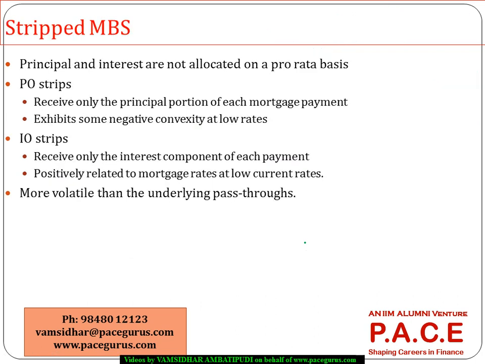Another interesting concept on the same lines is the concept of a stripped mortgage backed security. In a regular mortgage backed security or a mortgage pass through security, we have seen that whatever the cash flows of the underlying mortgage pool, both the interest and the principal repayments, are allocated to the investors on a pro rata basis.